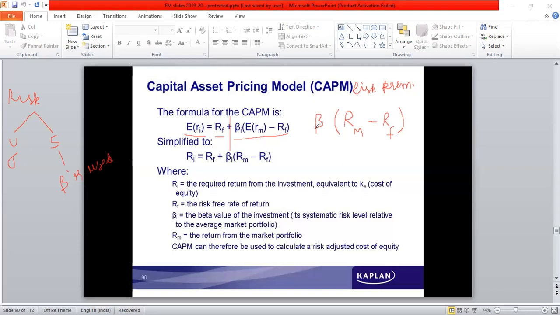So we are multiplying beta into return from the market minus risk free return. So that is how we remember: risk free return plus beta into return from the market minus risk free return gives us the cost of equity according to the capital asset pricing model. This is the formula which you need to remember. I hope it is clear.